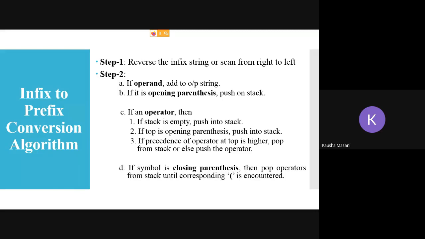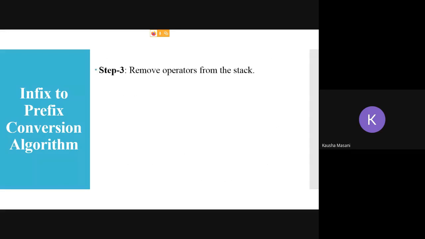If the symbol is the closing parenthesis, then pop all the operators from the stack until you get your corresponding opening parenthesis. Okay? Remove all your operators from the stack, and step 4, reverse the output string. Okay? And exit from the function. That is the algorithmic way which you are going to write. Alright?